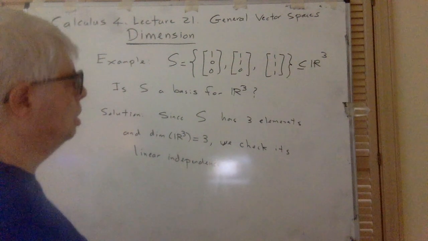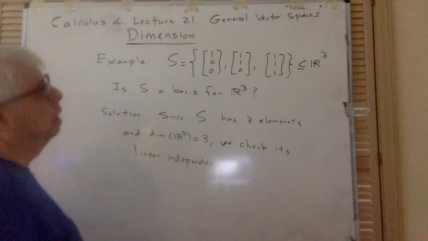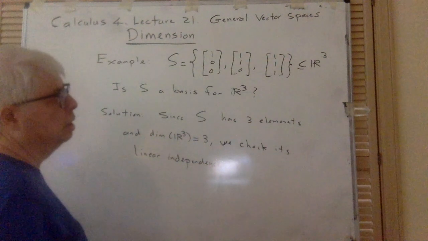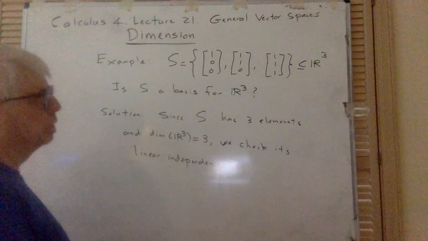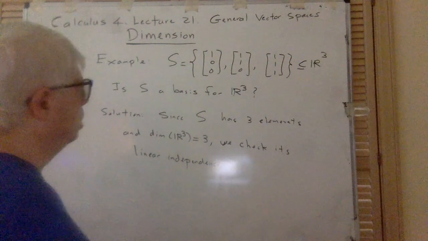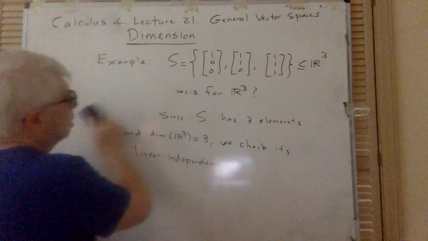As I said in the theorem, either show that that set is linearly independent or it spans. It's easier to show that that set is linearly independent. So let me erase this and show that it is linearly independent.